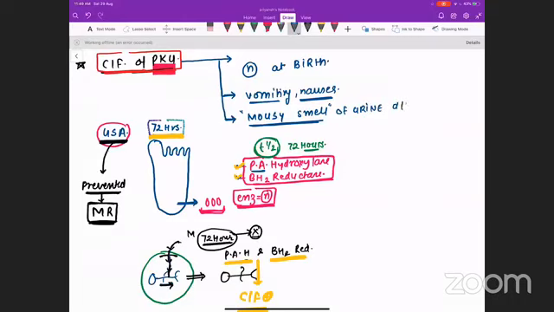This is an important question they can ask directly: mousy urine is seen in which condition? Mousy smell of the urine is seen in phenylketonuria. The second and more important question is: this mousy smell in phenylketonuria is due to the presence of which molecule in the urine? It is phenyl acetate, not phenylalanine. It is phenyl acetate which is leading to the mousy smell.